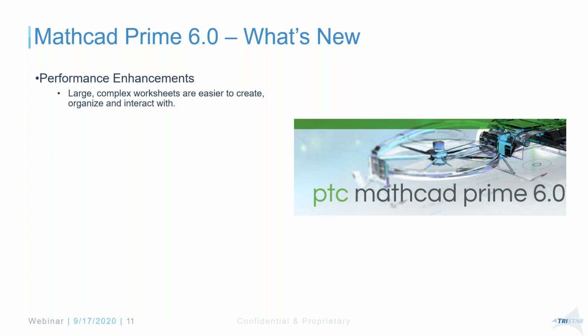So we're able to get some performance enhancements out of that. So large, complex worksheets that may have taken a little bit of time to regenerate as we are making changes to different values or variables, they regenerate a lot quicker. They're just a lot smoother to interact with. So that's nice.